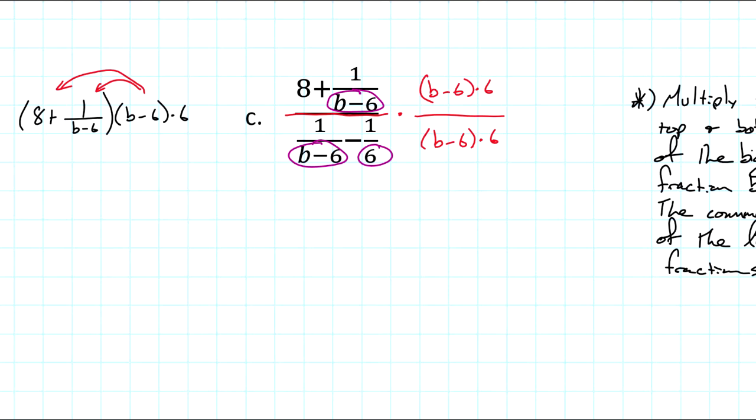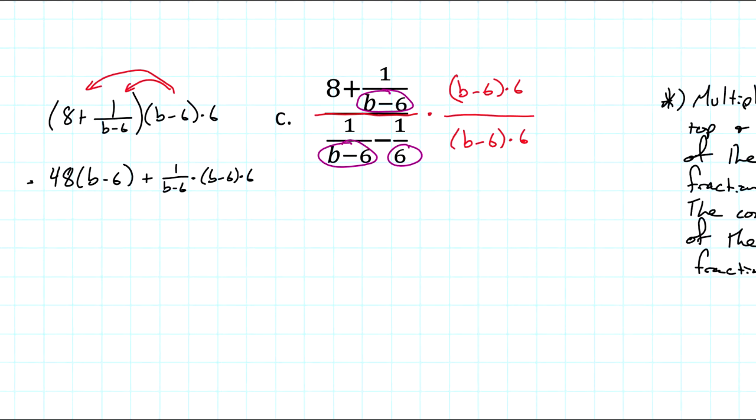So we're going to get 8 times 6 is 48 times b minus 6 plus, in the second one we have 1 over b minus 6 times b minus 6 times 6. And so this is going to be, I'm just going to write it as 48 times b minus 6 plus just a 6 because the b minus 6's cancel in the second one. So I'm going to write that on top.